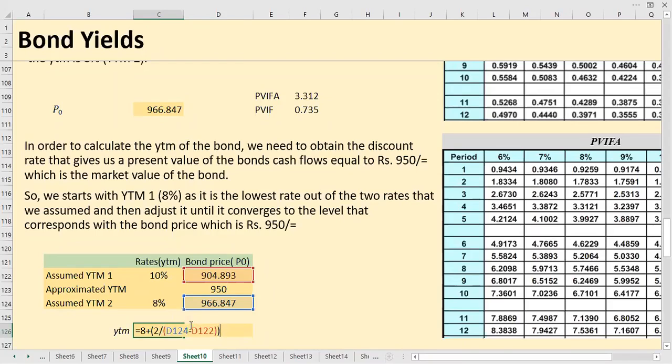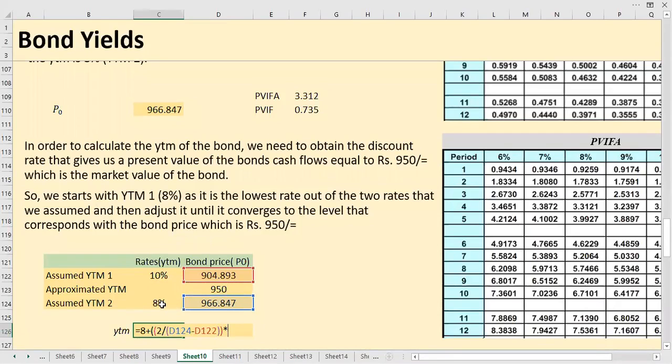Then I'm going to multiply this value again with the difference from 8 to 950. That means you are getting the rupee value from 8 to 950.